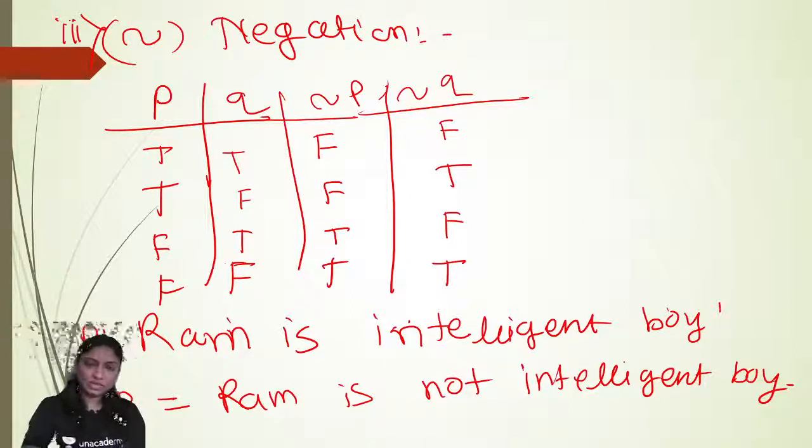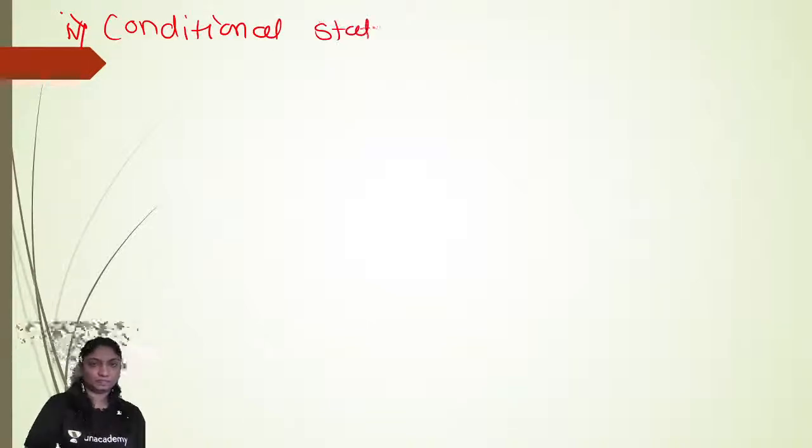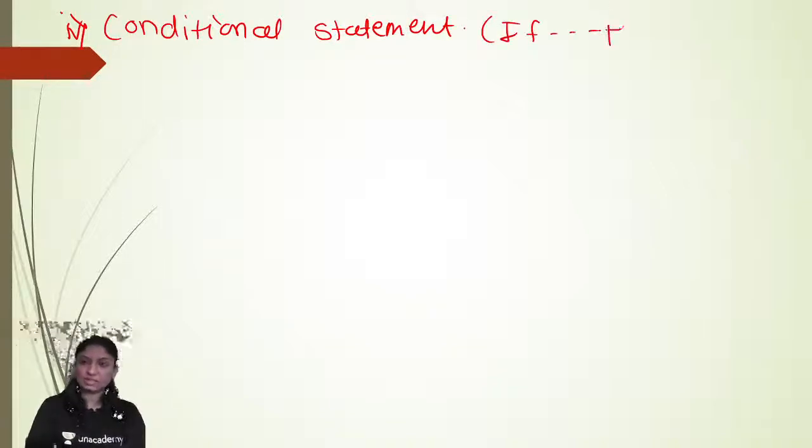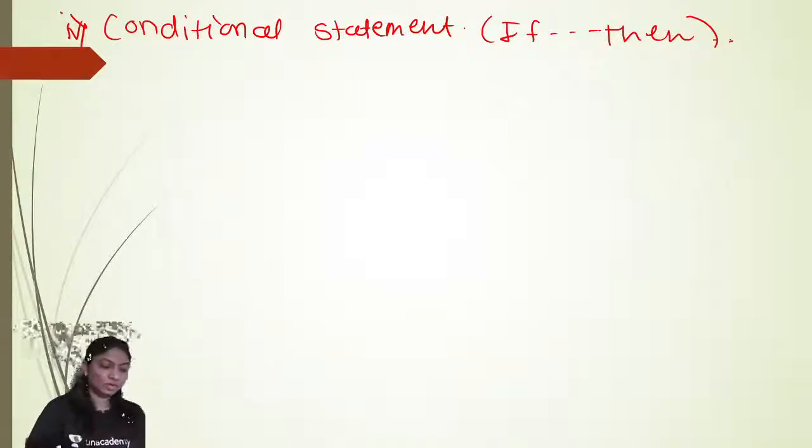Okay. Now we'll see the next logical connective, the fourth one, the conditional statement. Which is the conditional statement? If then. If this, then this. I will tell you one example.